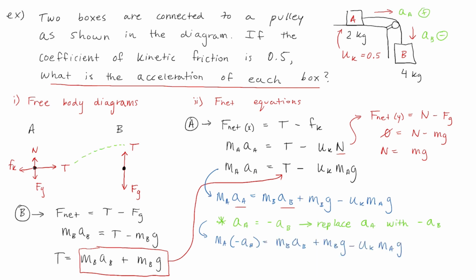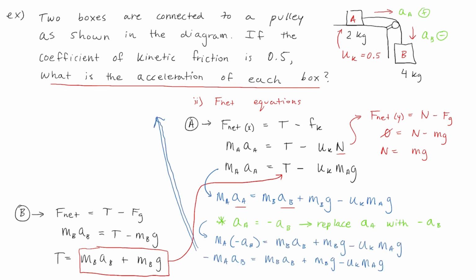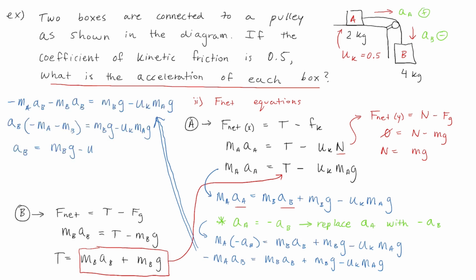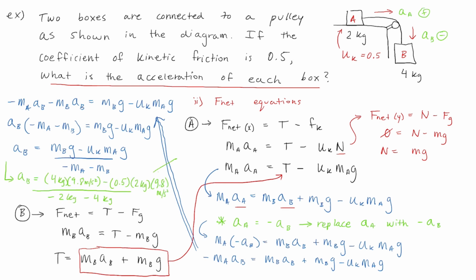And then from there, all I need to do is rearrange the equations and isolate for the acceleration aB. And once I've isolated for aB, I can plug in my values. And with that, we find that the acceleration for box B is equal to negative 4.9 meters per second squared.